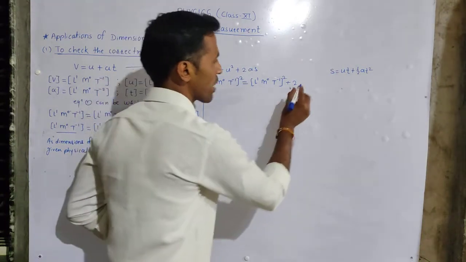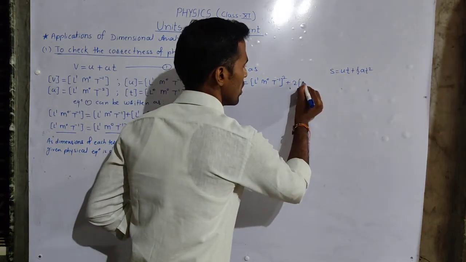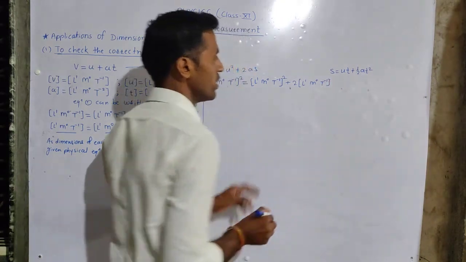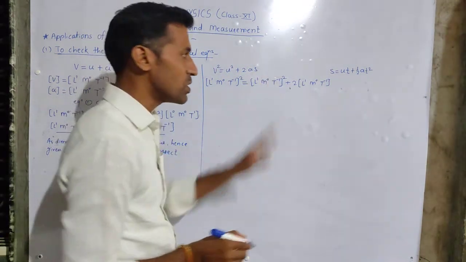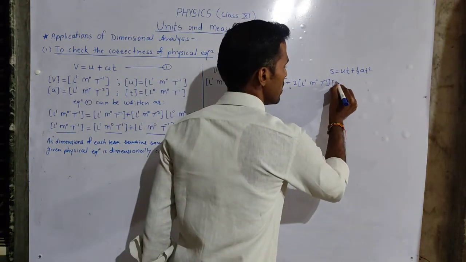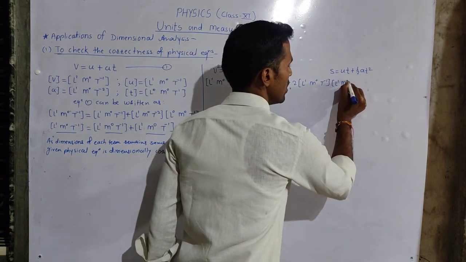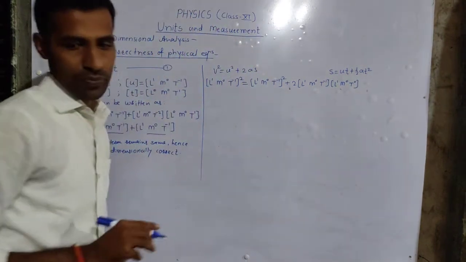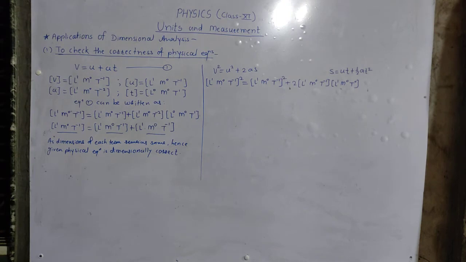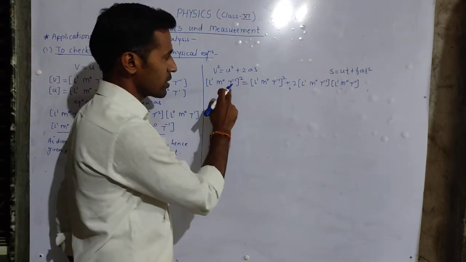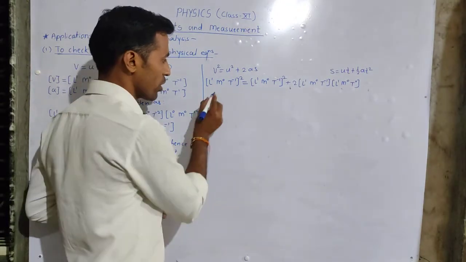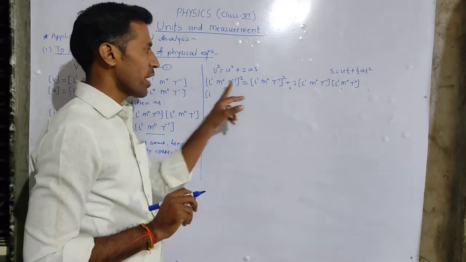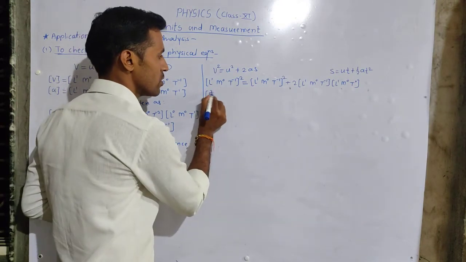Now write the dimensions of acceleration here: L1 m0 t minus 1, and finally the dimensions of s. s means the displacement: L1 m0 t0. Clear? Now let's do the square on the LHS. It becomes L to the power 1 and its square, so it becomes 2.